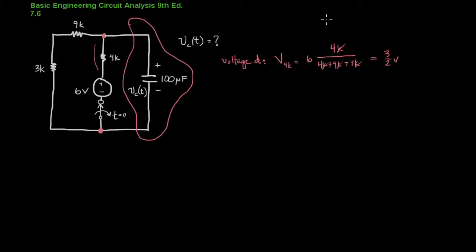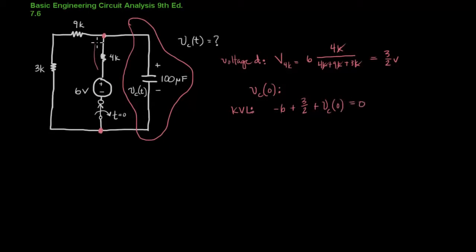Okay. Now to solve for Vc at 0, we'll do a very simple KVL equation. So by applying KVL, we get minus 6 volts plus 3/2 plus Vc at 0, and that equals 0.